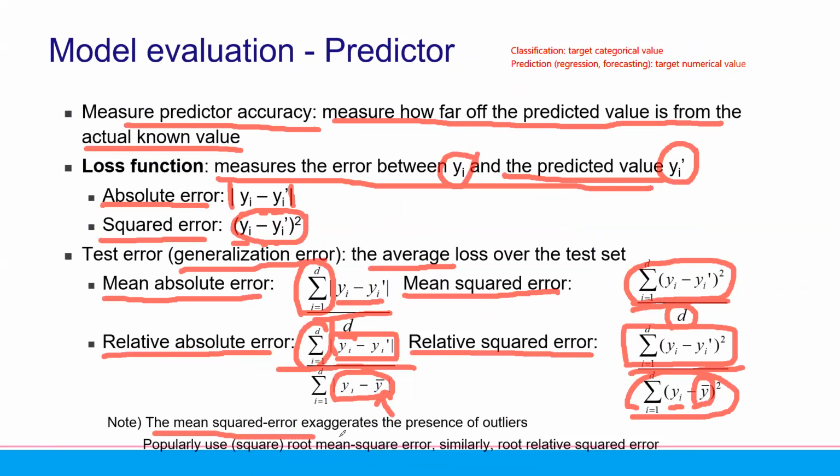So the mean square error exaggerates the presence of outliers. It will make the outliers bigger and bigger. That's why usually we use the square root of the mean square error, RMSE, where R means the root mean square error.